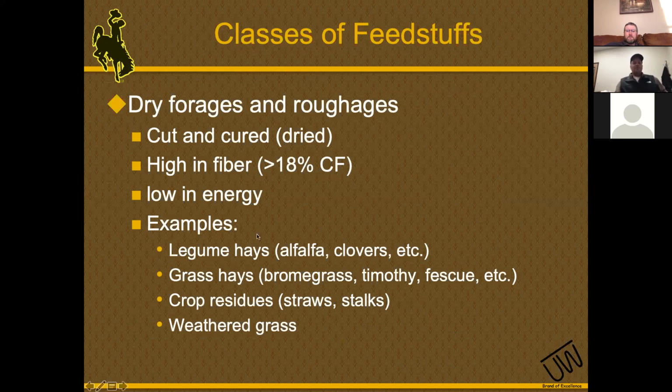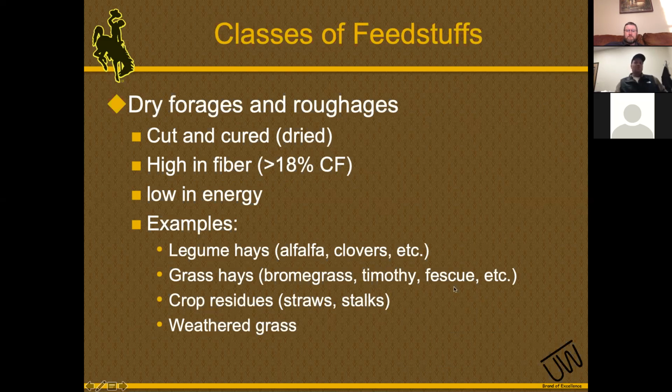So it's going to be very high in fiber and most of the time low in energy. Examples of that would be different hays: legume hay, which is alfalfa or clover, or grass hays, common varieties around here being brome grass and timothy.